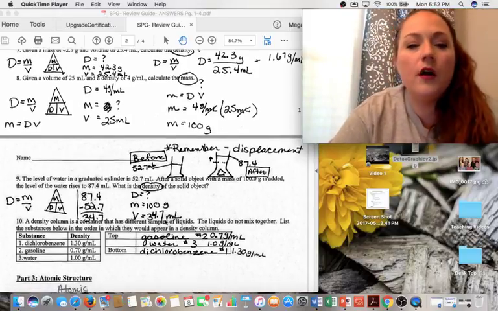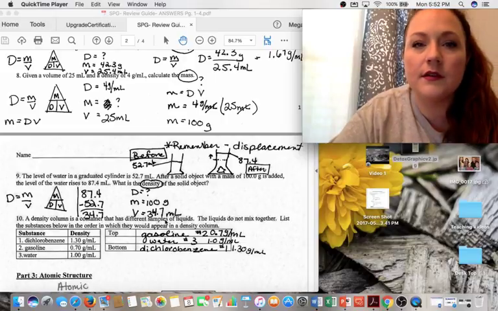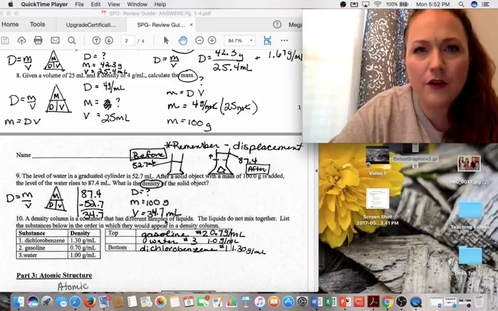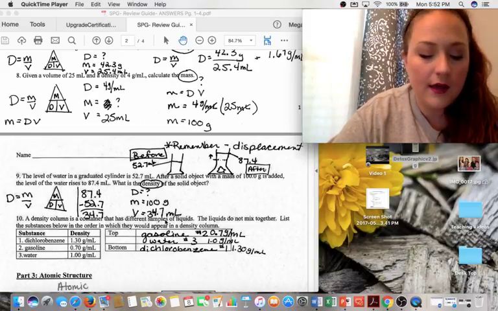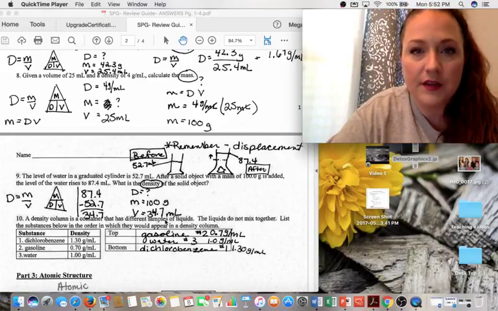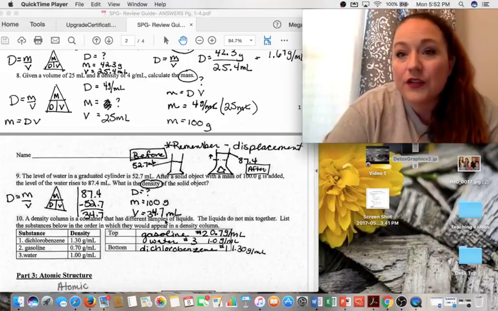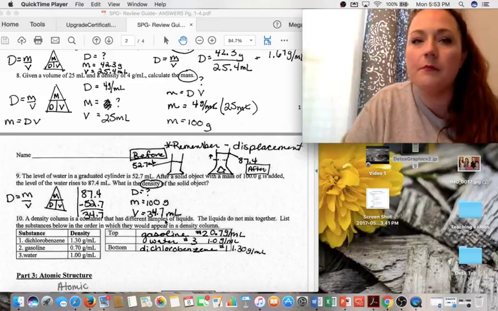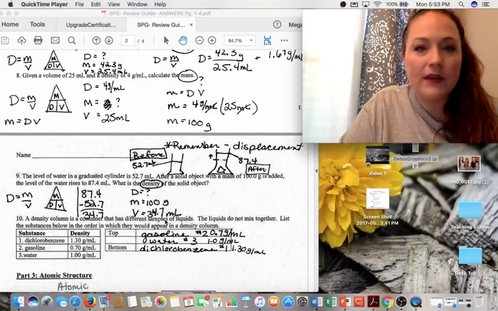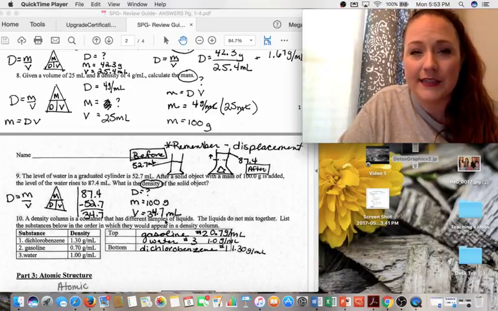The reason you want that is for objects that are awkward, where you can't get an exact volume, and so the closest thing you're going to get is the displacement. Remember that when you have displacement, you're using typically milliliters. We talked about this last semester, like jewelry. If I had this gem and I was mining and I wanted to figure out what this gem was, I needed to figure out the density of it so I can identify it.